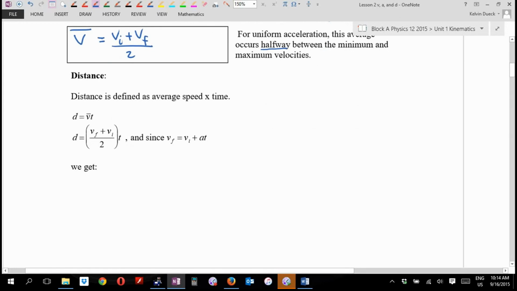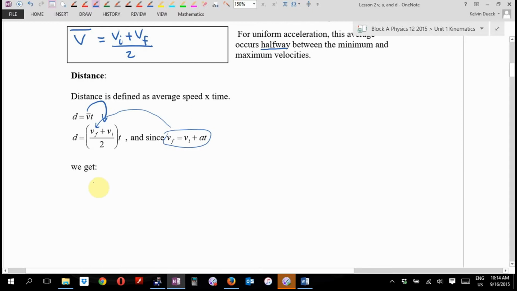Distance. Distance is defined as average speed times time, or it's defined as that, but if I plug in the V average equation, I get that. Oh, and V final is VI plus AT.